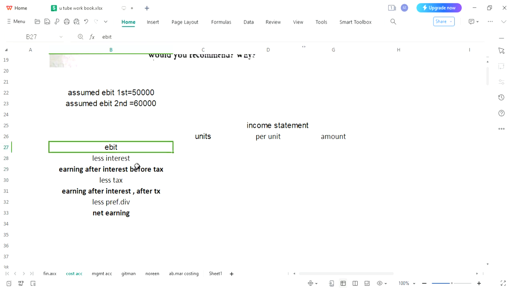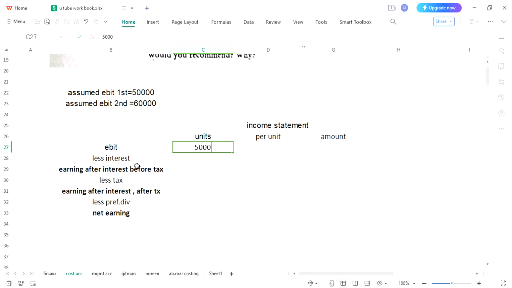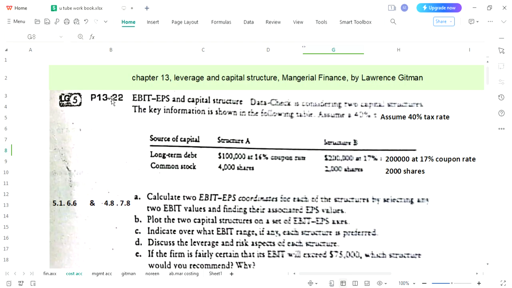Alright, first we will see 50,000, as it has been assumed that EBIT is 50,000. So 50,000 would be your amount, and we are taking it here. How many units is not mentioned here.